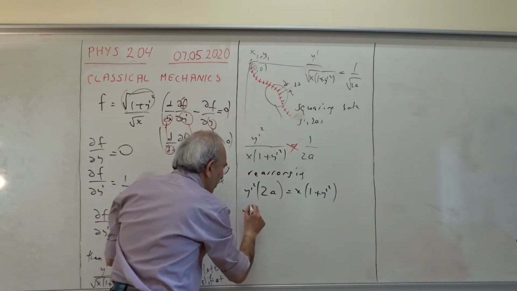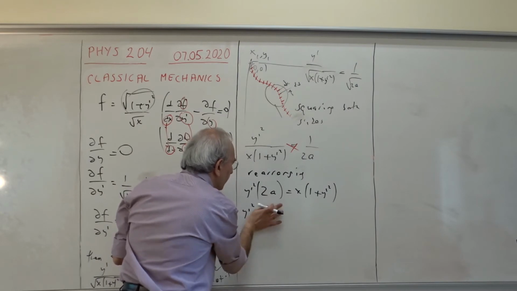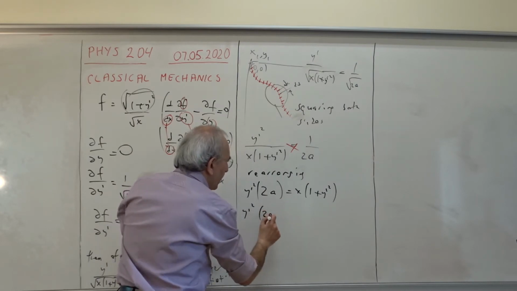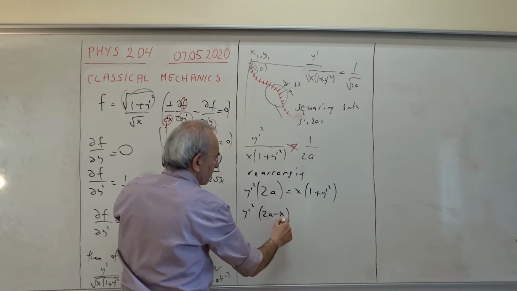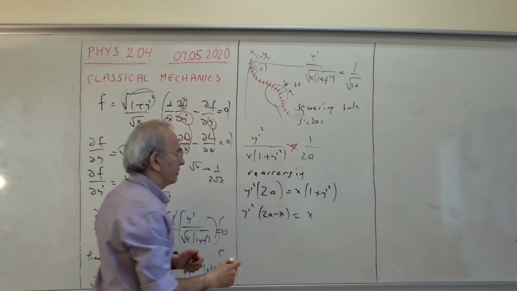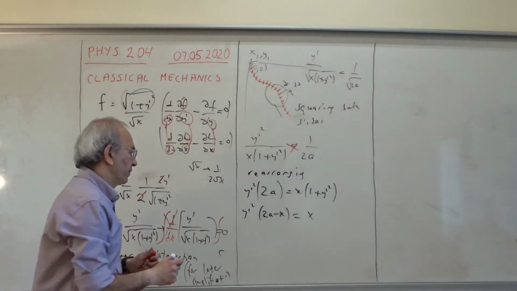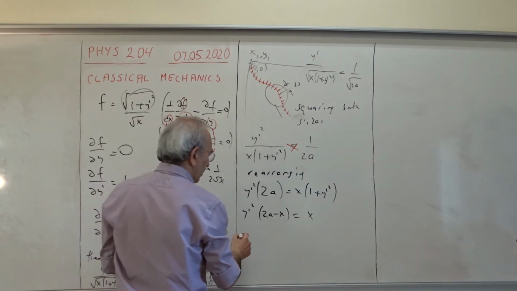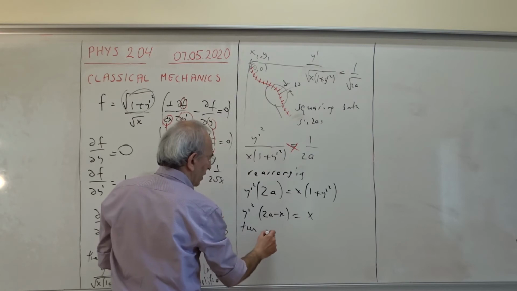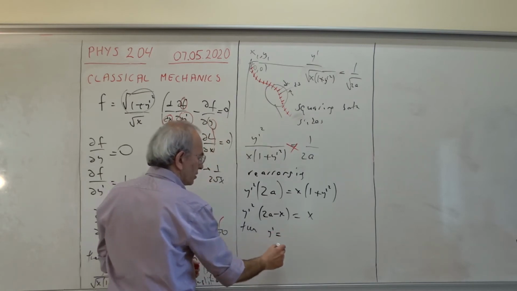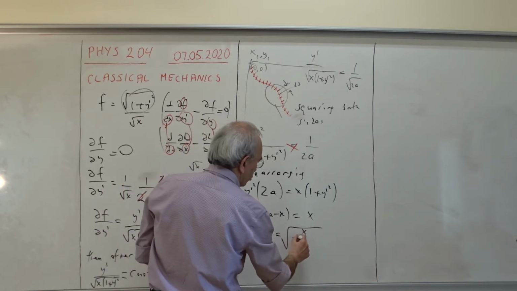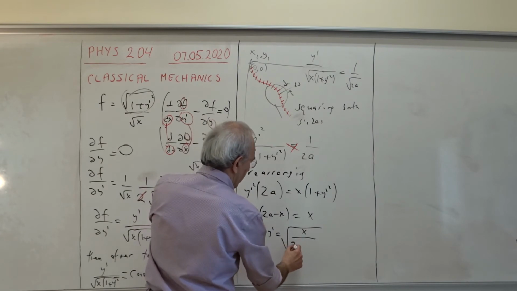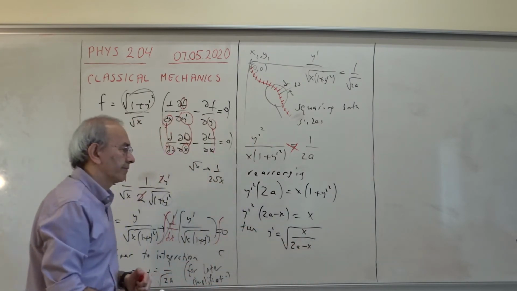So y prime squared multiplied by 2a minus x. On the right hand side we only have x. Therefore now take the roots of both sides. Then simply y prime is just root of x over 2a minus x.